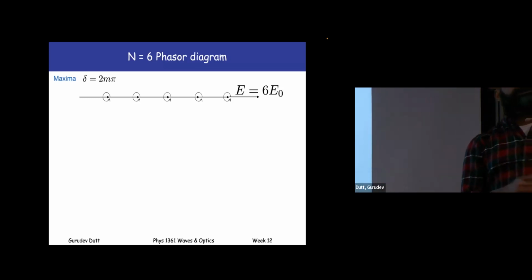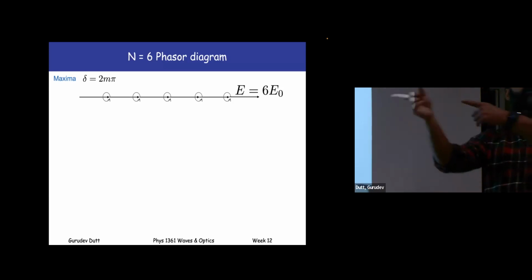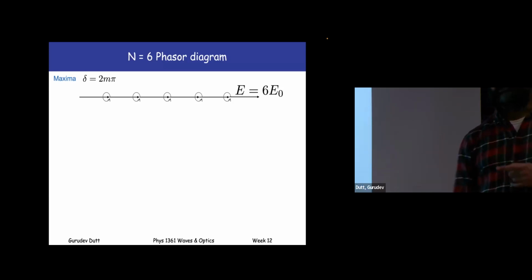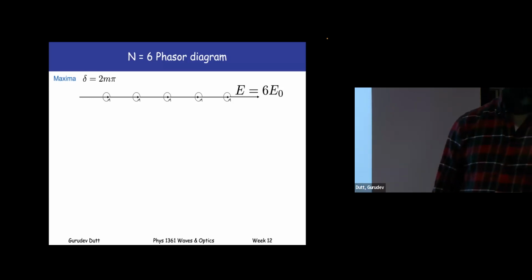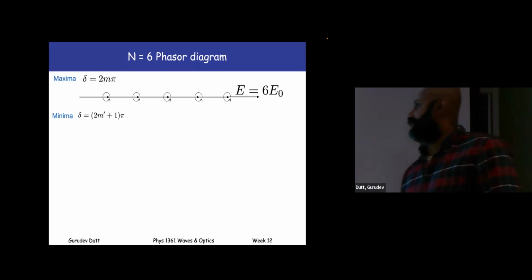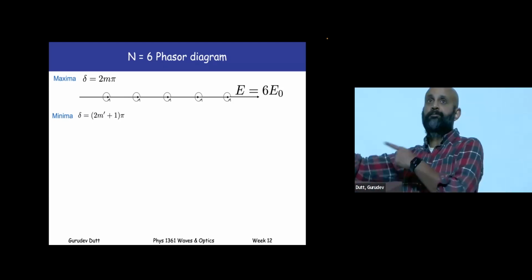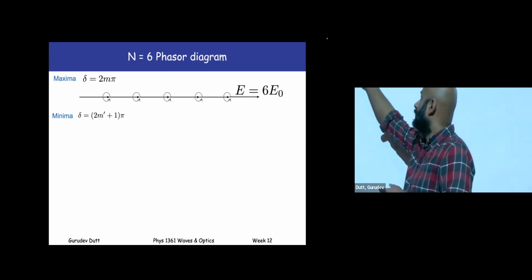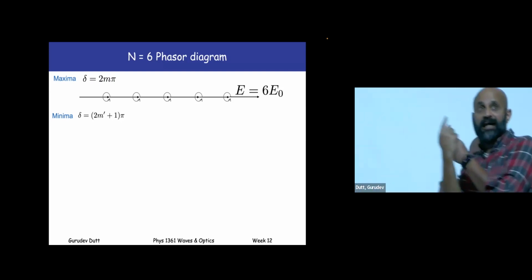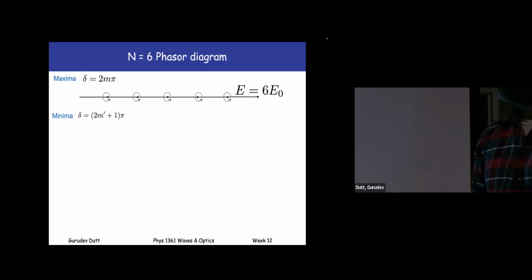The phasors all add up constructively, meaning they line up together because each one rotates by 2 pi, or a multiple of 2 pi, with respect to the previous one. So when will be the minimum? If I add a phase shift of pi to each adjacent one, then each one will subtract from the other. Instead of 2m pi, I have 2m prime plus 1 times pi.